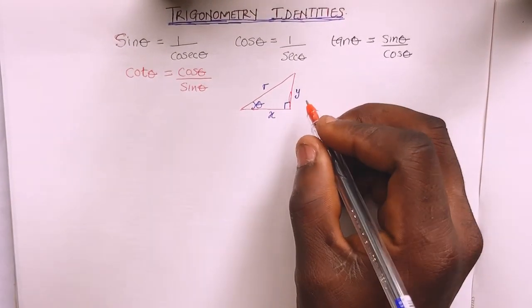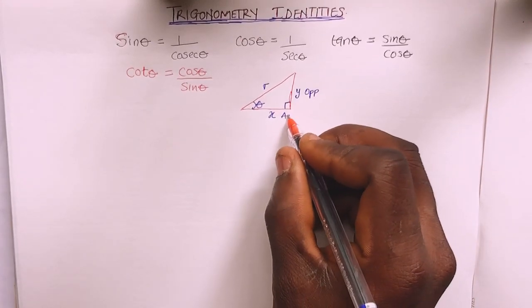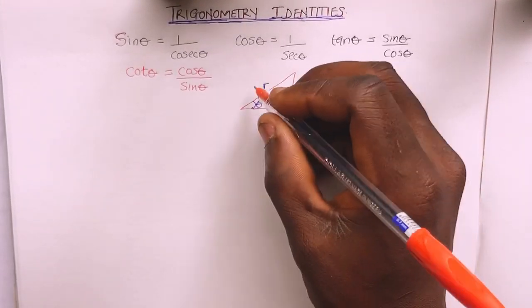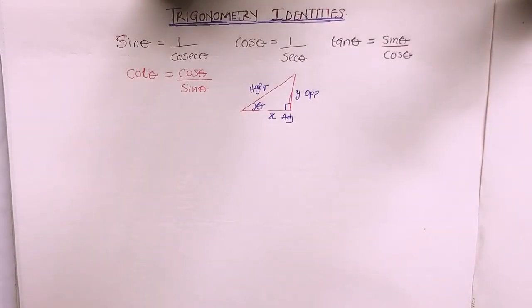Basically, we all know that our y is the opposite, our x is the adjacent, and our r is the hypotenuse. Very simple. So we all have the basic knowledge of SOHCAHTOA.